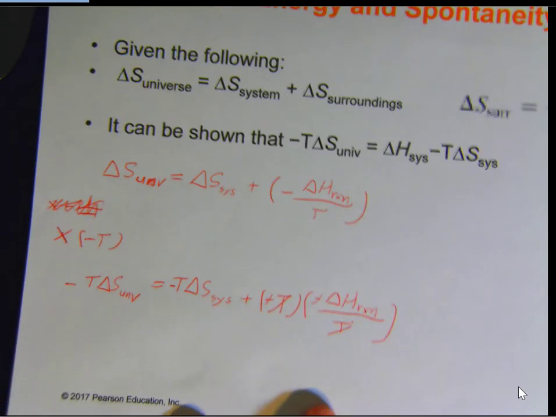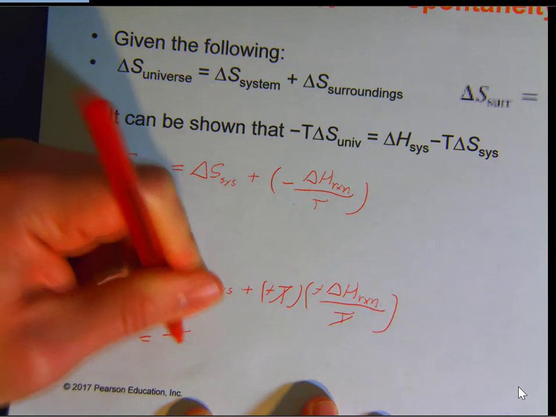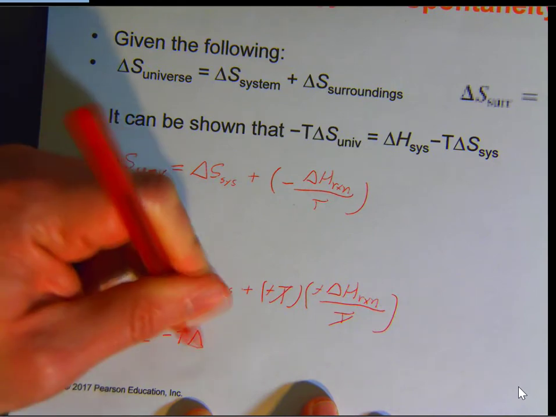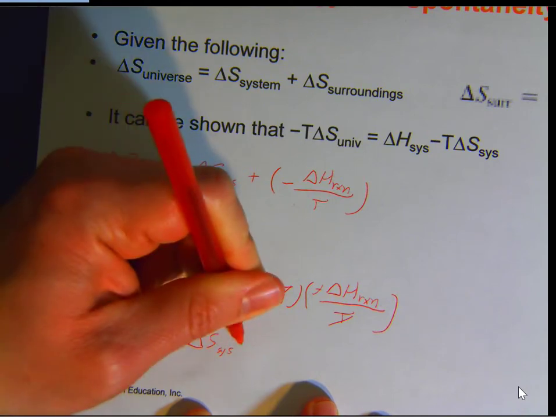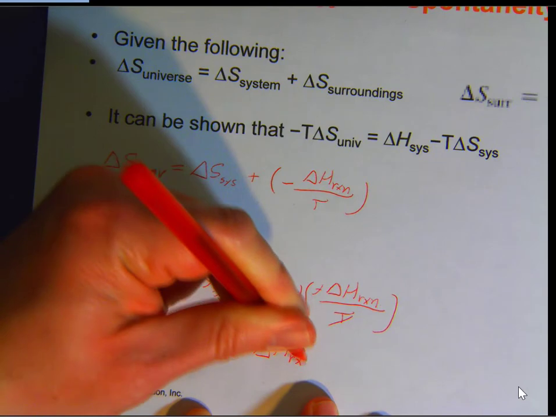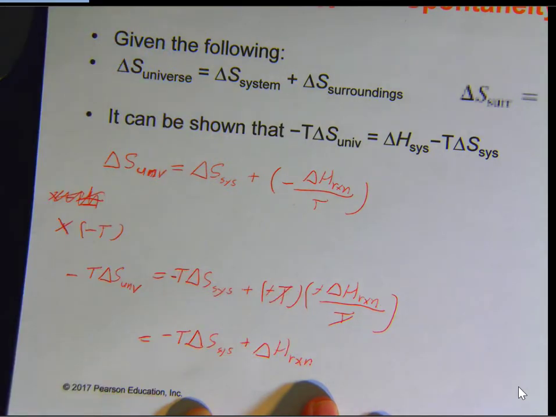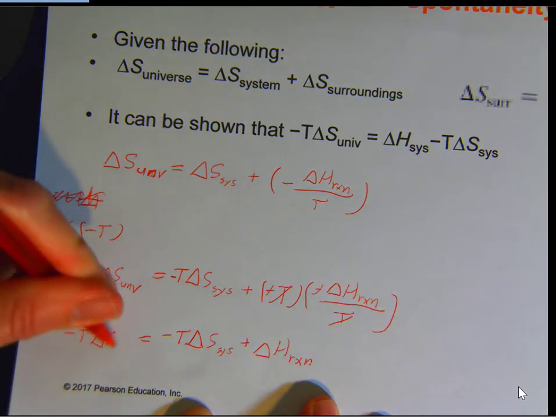Let's rewrite that. We would have negative T delta S of system plus delta H of reaction. And over here, this is the same: negative T delta S of universe.